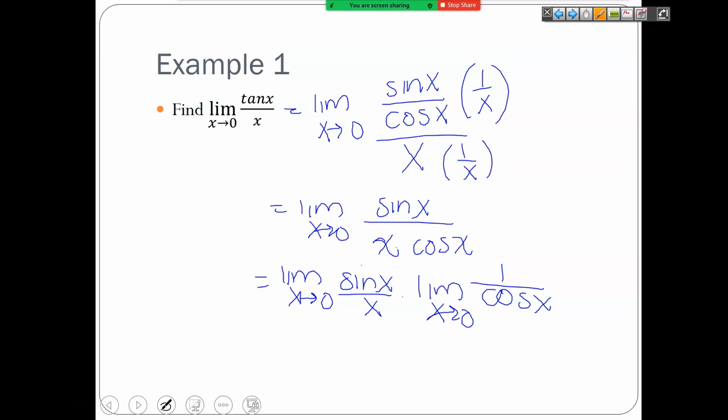Well, sine x over x we've memorized and learned to be 1, times 1 over the cosine of 0. Well, cosine of 0, if you think about your unit circle, is 1. So this becomes 1 times 1, or 1. So the limit as x approaches 0 of tan x over x, which also looks like an indeterminate form because you get 0 over 0, becomes 1.